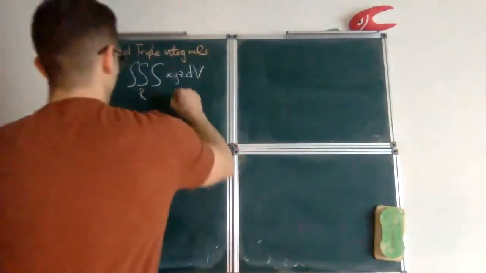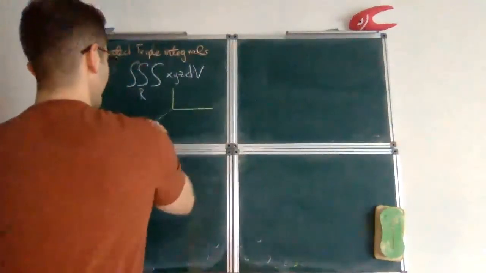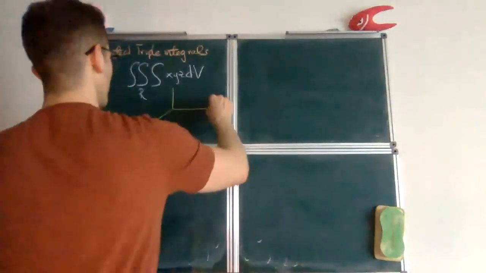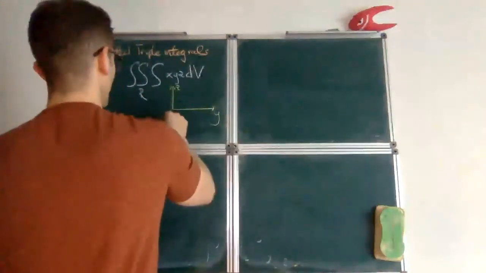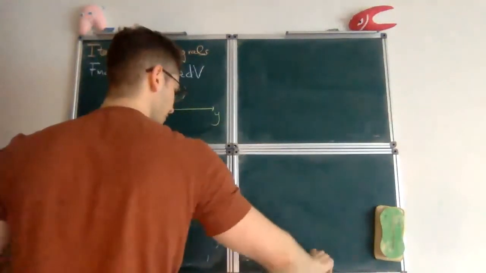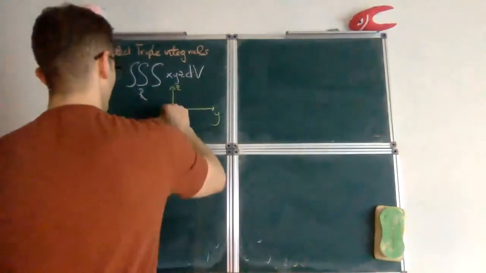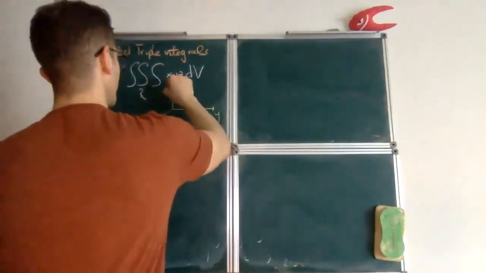And the idea is that, just to make things easy, I want the region to be like a cube. So I'll integrate from 0 to 1, 0 to 2, 0 to 3.